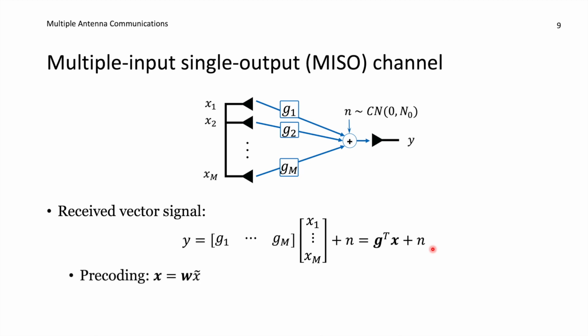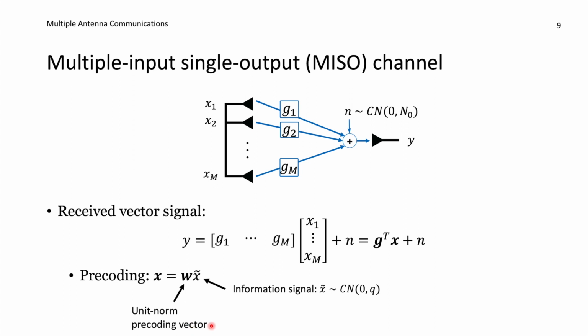What we should do is to select the way of transmitting from our M antennas. And this inner product here is making sure that even if we are transmitting an M-dimensional signal represented by an M-dimensional vector, the receiver can only observe one dimension because it has one antenna. And therefore, we apply something known as precoding or beamforming, where we let x be equal to w, which is a unit norm precoding vector, which points out one direction in our vector space.